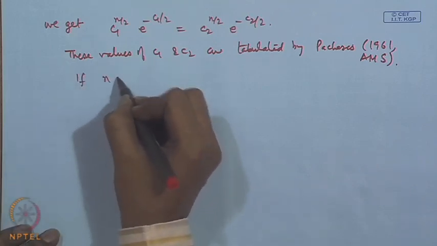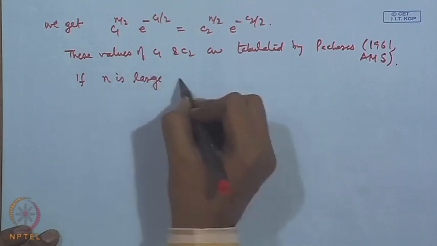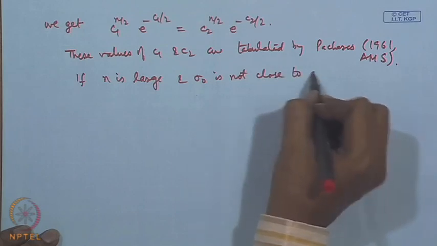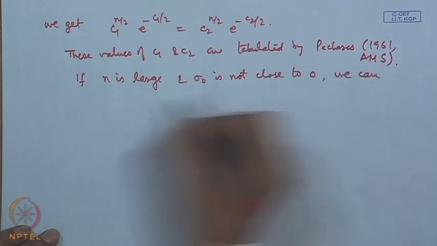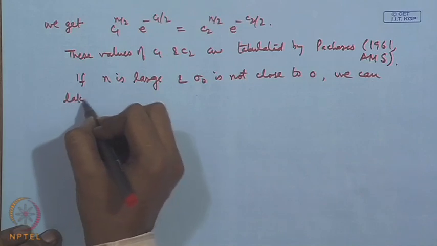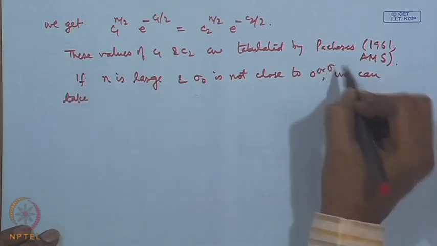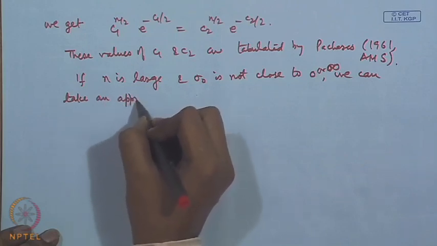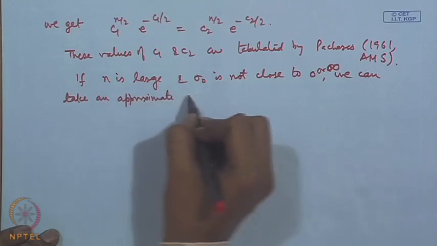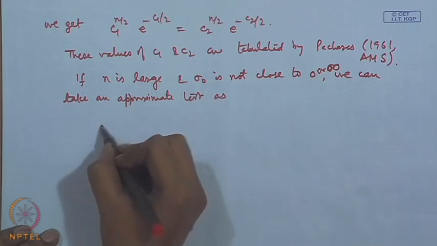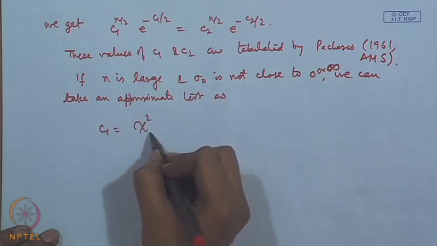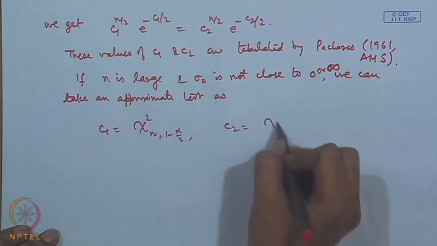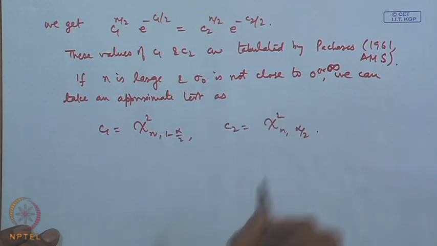If n is large and sigma naught is not close to 0 or infinity, we can take an approximate test as C1 equal to chi square n 1 minus alpha by 2 and C2 equal to chi square n alpha by 2.